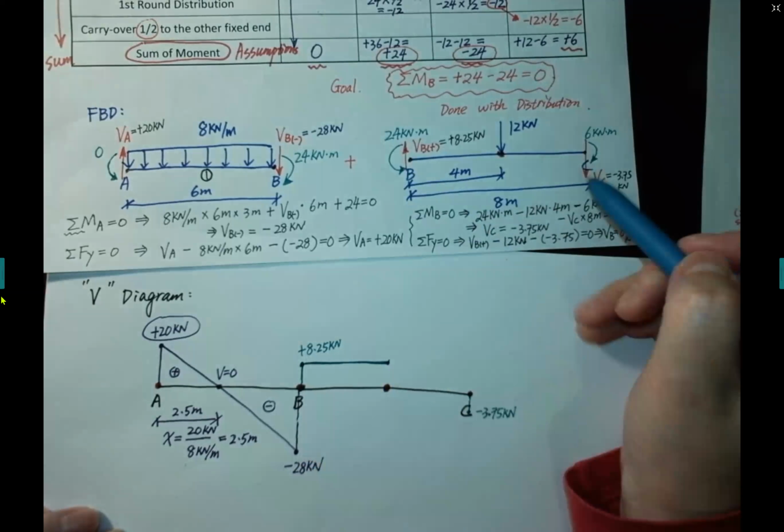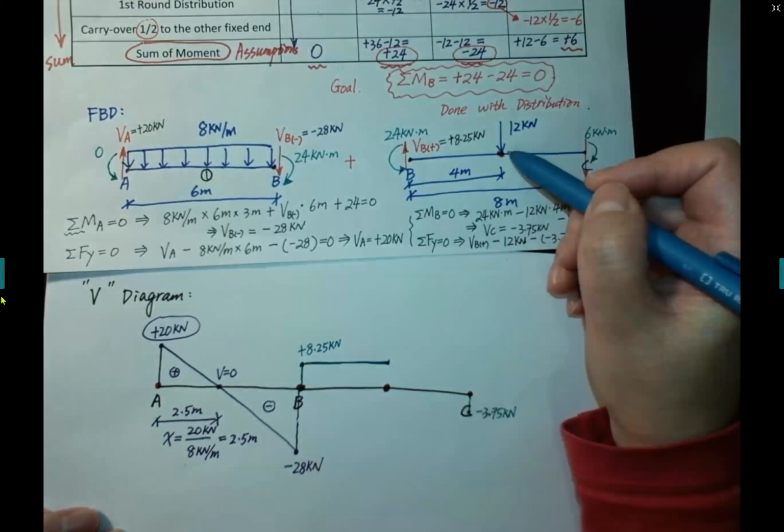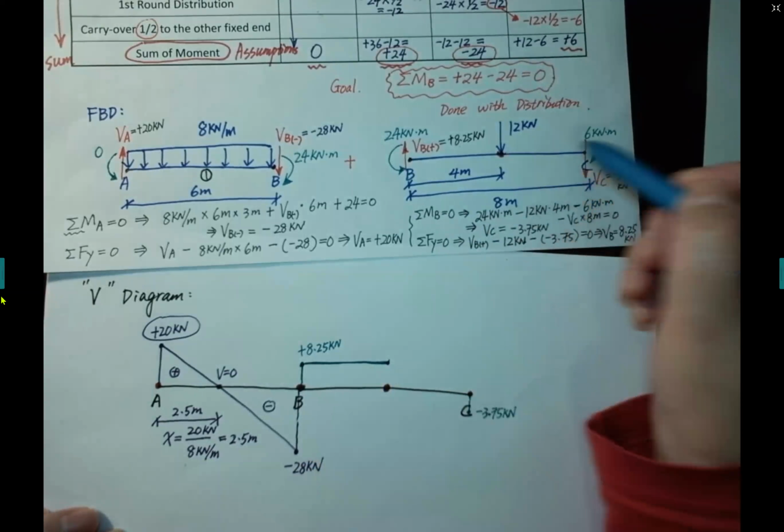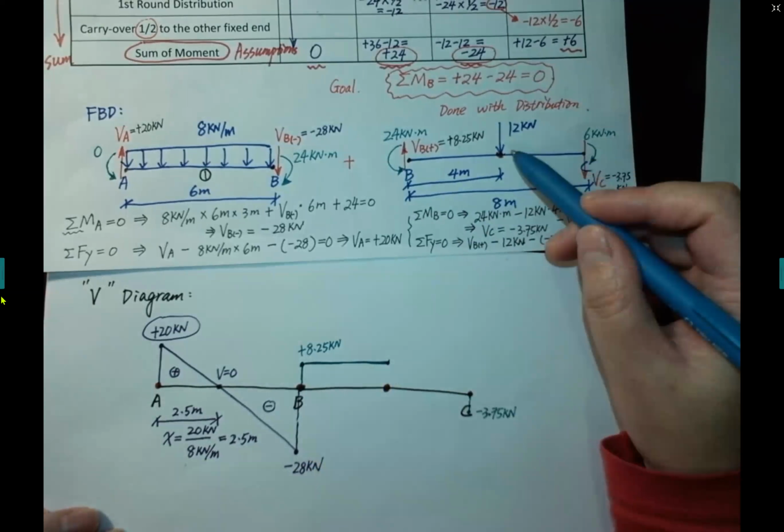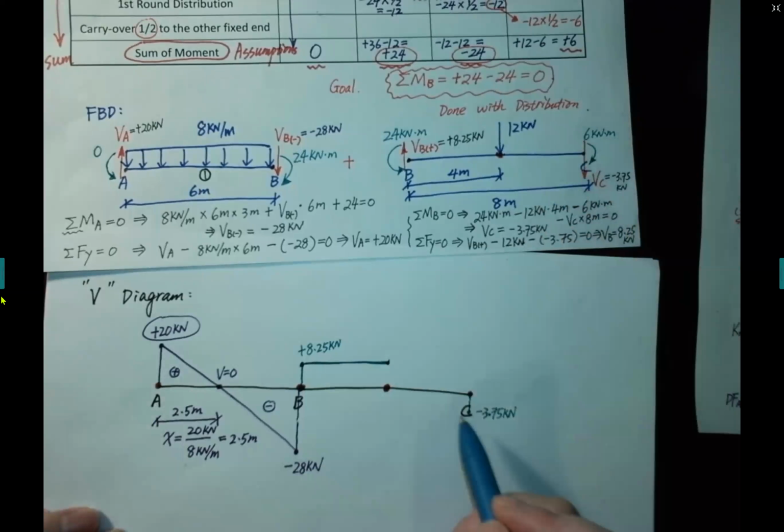And just past the 12 kilonewton, to the C side, there's no external force between these 2 points, which means the shear force should be constant between the 12 kilonewton and C.